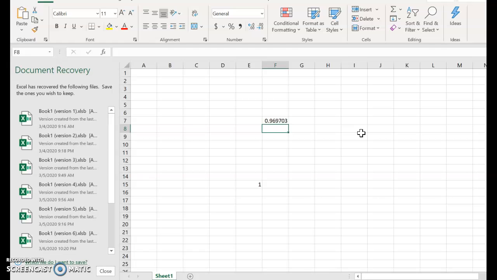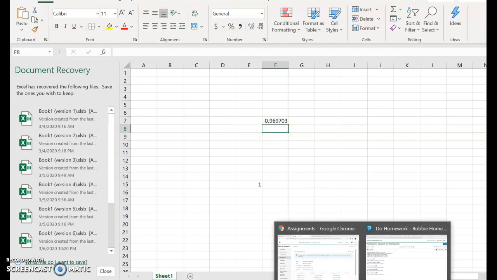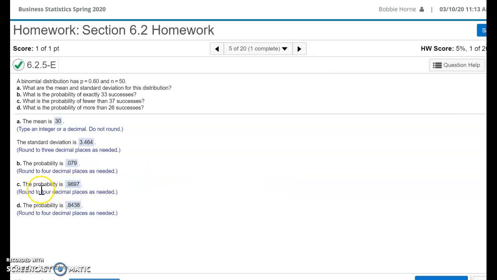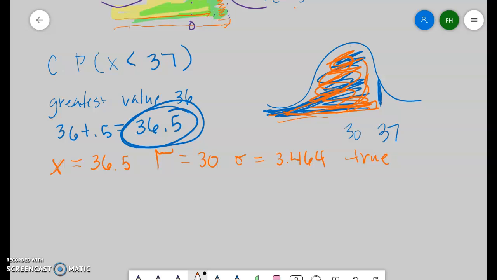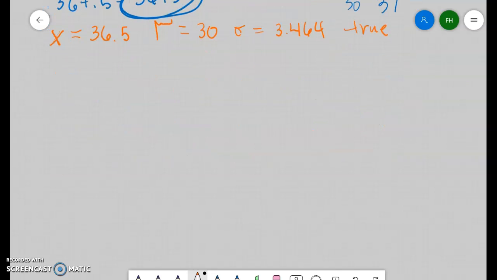So we get 0.9697. So the probability that X is less than 37 would be 0.9697.